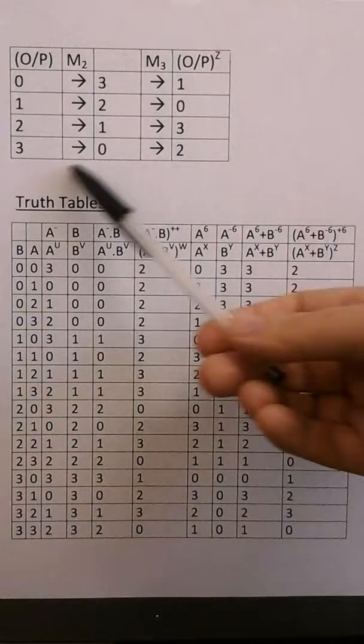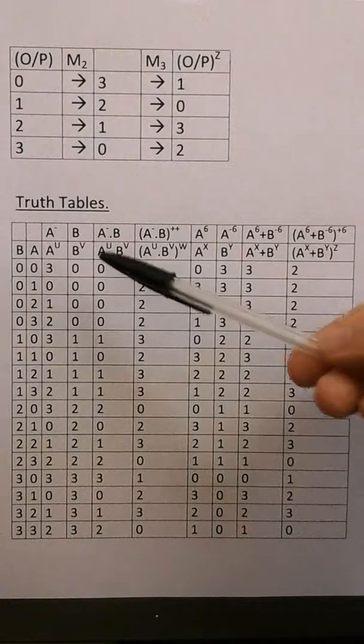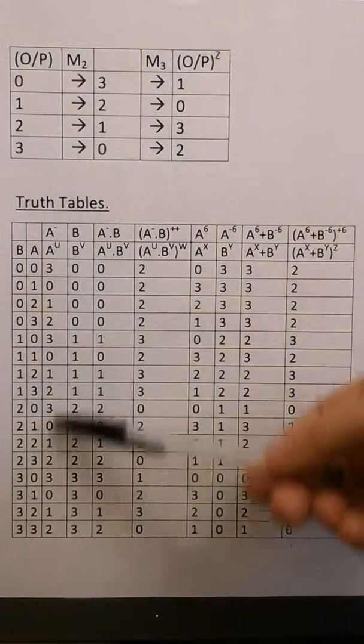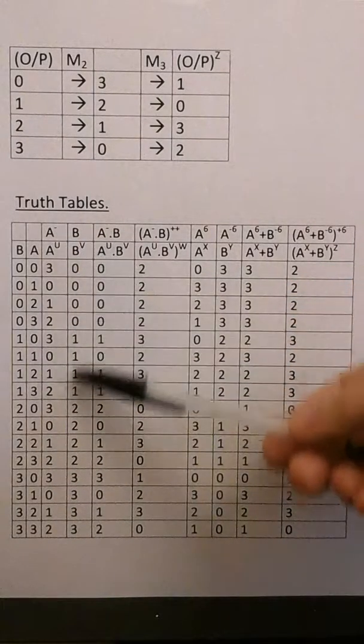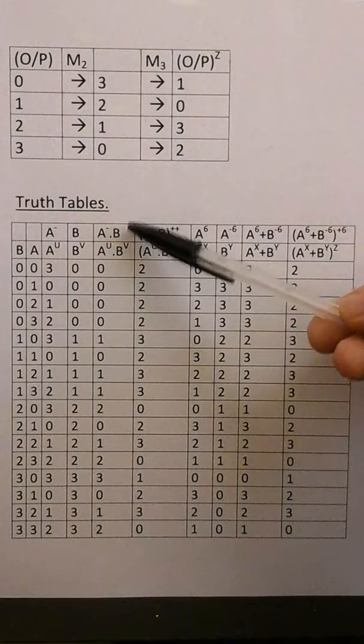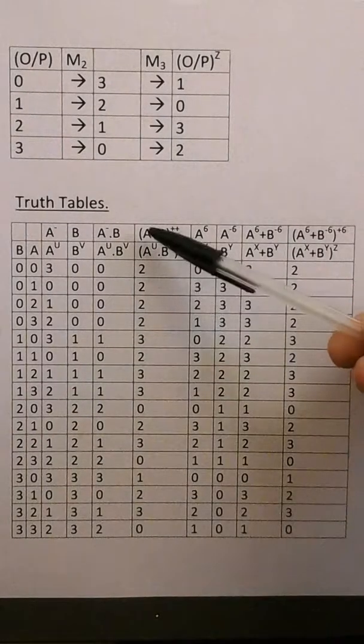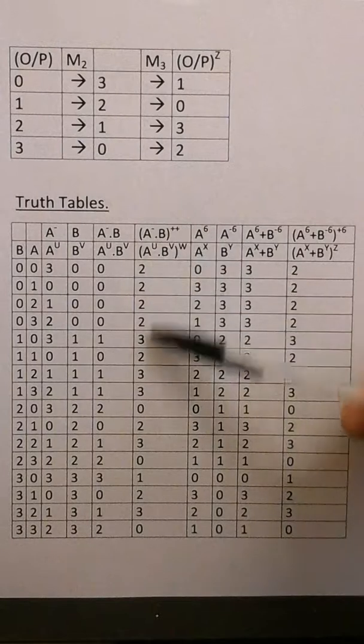So from looking at the truth table, AU is A minus, BV is B, A minus and B there, A minus and B plus plus there.